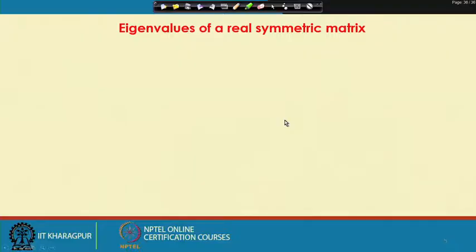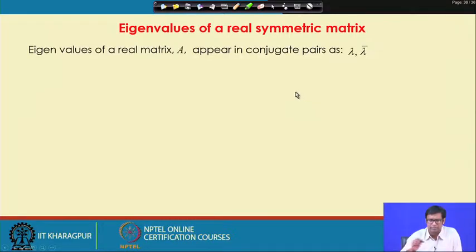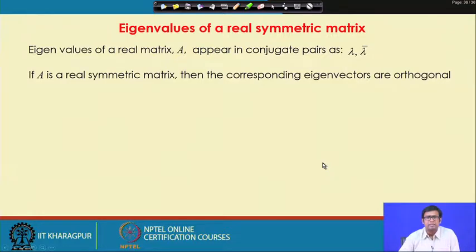Eigenvalues of a real matrix A appear in conjugate pairs like lambda and lambda bar. If A is a real symmetric matrix, then the corresponding eigenvectors are orthogonal. Lambda and lambda bar are two distinct eigenvalues, so the corresponding eigenvectors must be orthogonal.